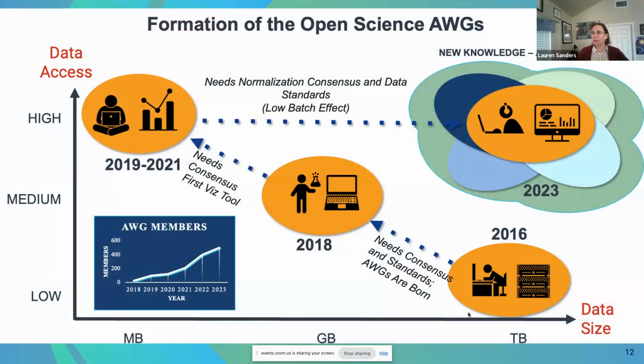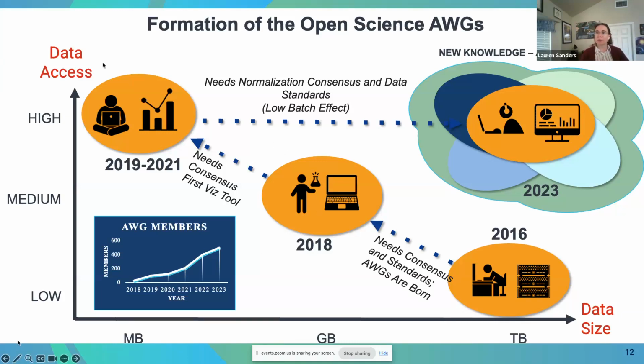The reason that these analysis working groups were originally started was because back in 2016, when GeneLab was getting off the ground and acquiring tons and tons of high throughput sequencing data at the terabyte data size, it became clear that to make these data maximally reusable, it was going to be important to have consensus and standards for how to process these data through bioinformatic pipelines to create intermediate data products that are more accessible in terms of data size.